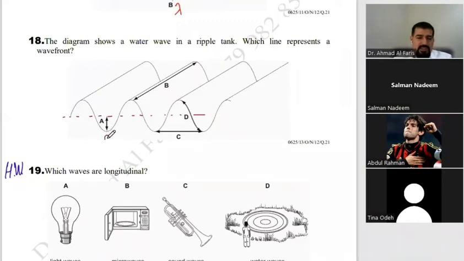Excellent. It's the amplitude. B is the wavefront, which is what they ask for. C, as we know, is from trough to another trough. It is the wavelength. And D is nothing actually; it's the surface of the water wave as it passes. So the answer is B. Good.